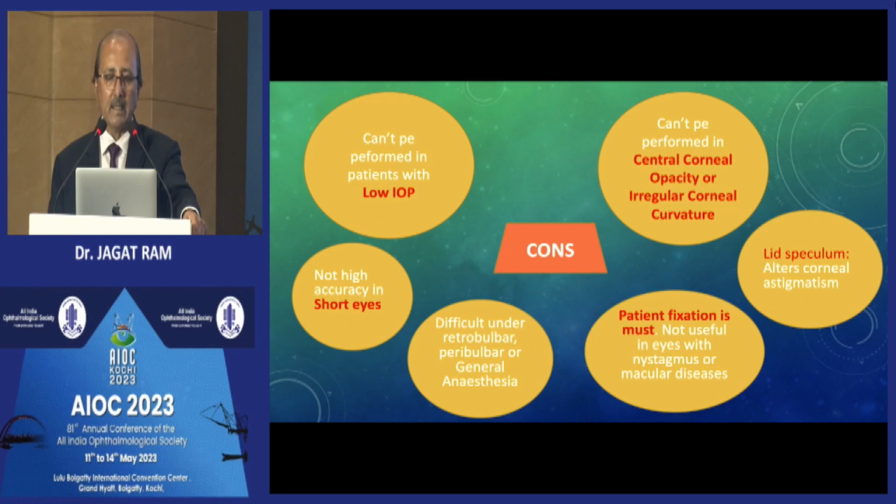But the problems are that this is not suitable for short eyes, or where intraocular pressure is low. If there is central corneal opacity, even the lid speculum will produce some problem, and also if the patient is not fixating.